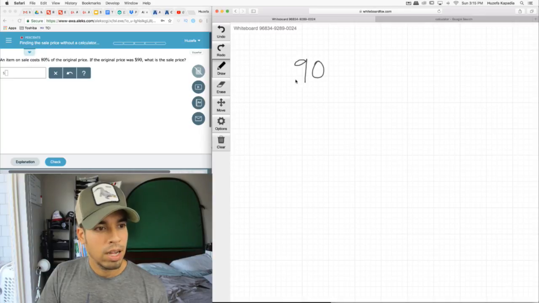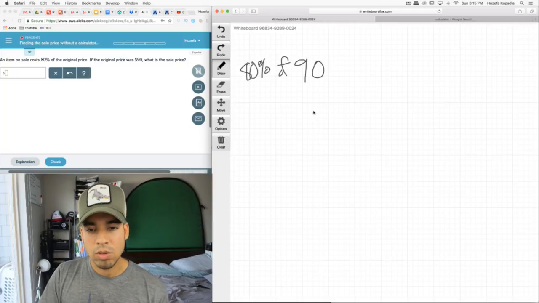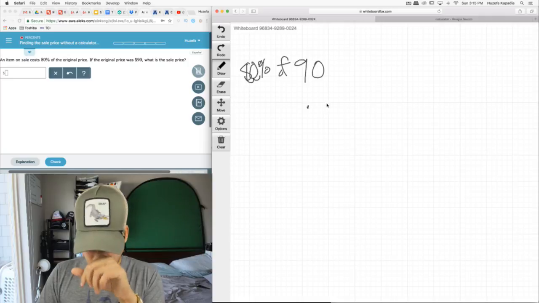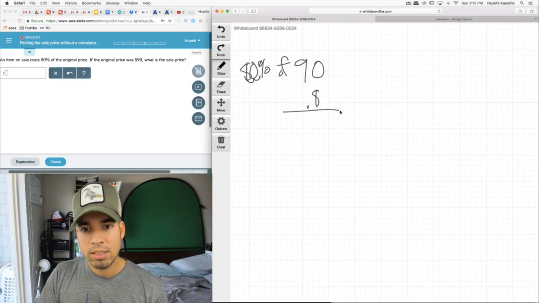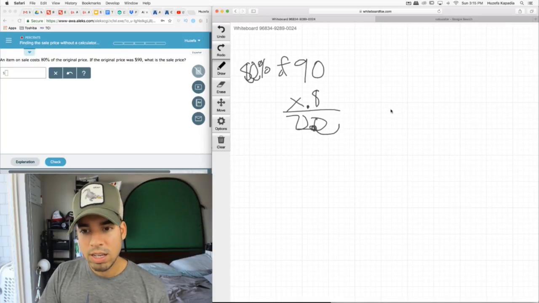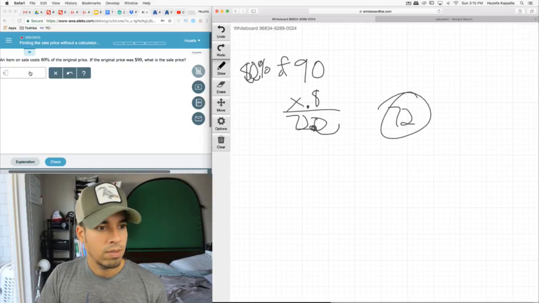So the original price is 90, and we want to find the sale price. The sale price is 80% of this. So I'd multiply it by, move the decimal over twice, convert it to a decimal, which is 0.8. Do the multiplication, 0.72. Move the decimal over by 1 because one number to the right of the decimal, move it once over to the left. Sale price is 72.